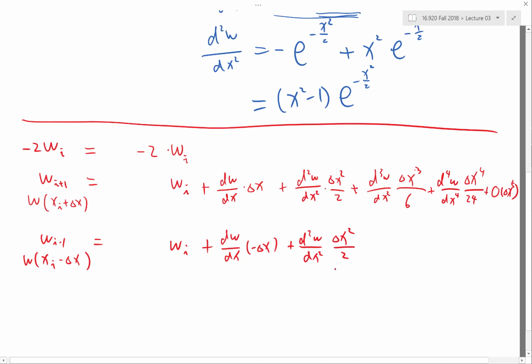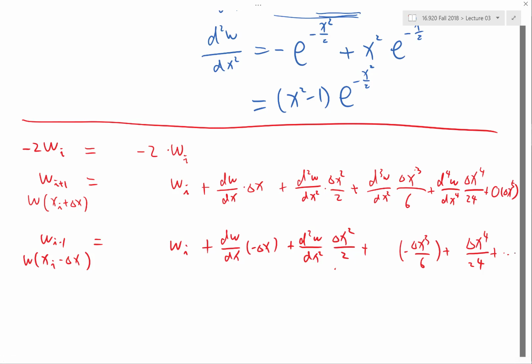So this is minus delta x squared, which is the same as delta x squared, plus same thing but minus delta x cubed over 6, plus the same derivative but now plus delta x to the 4th divided by the same 24, plus the same error term, O(delta x to the 5th).